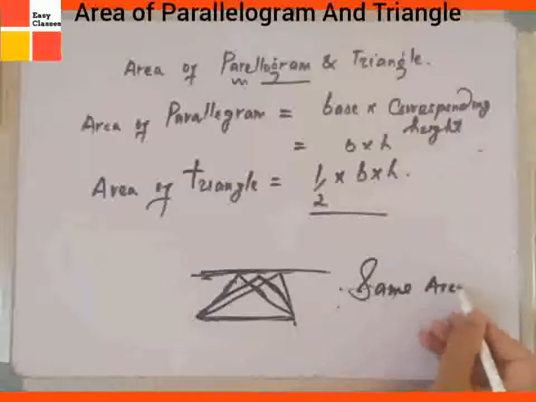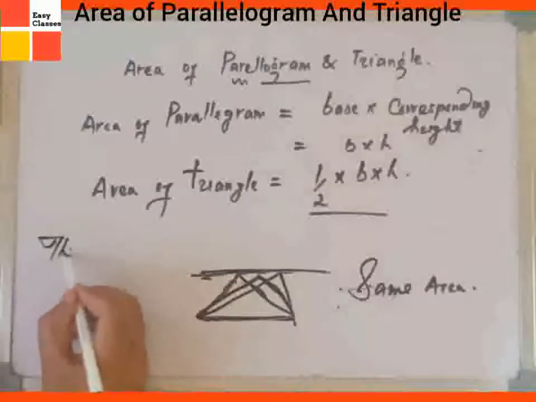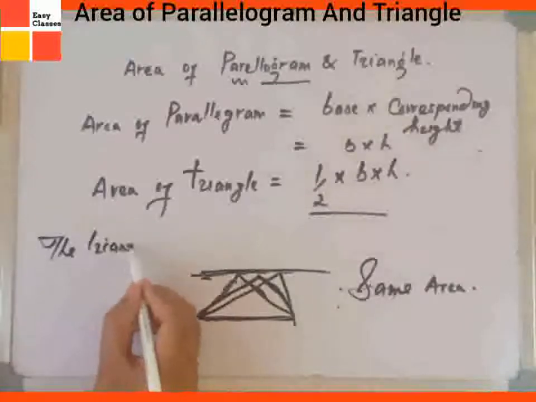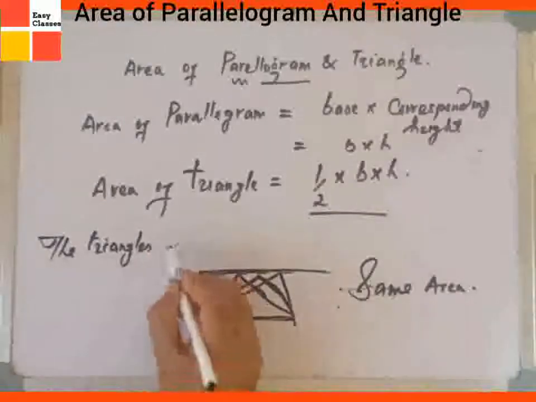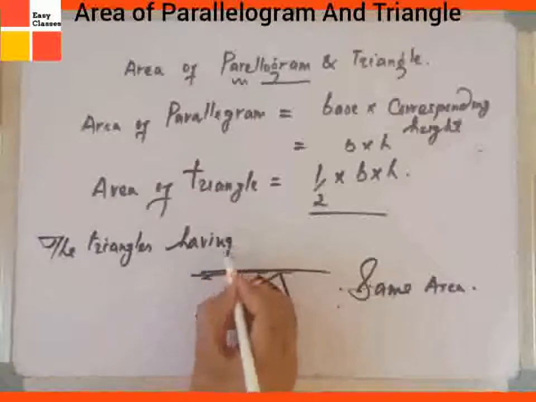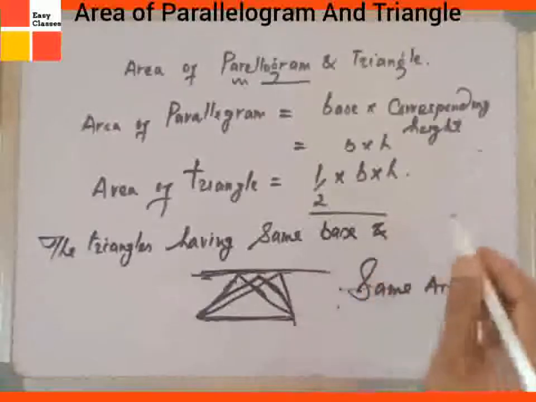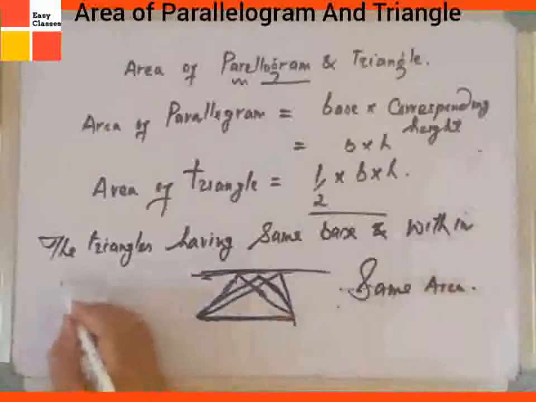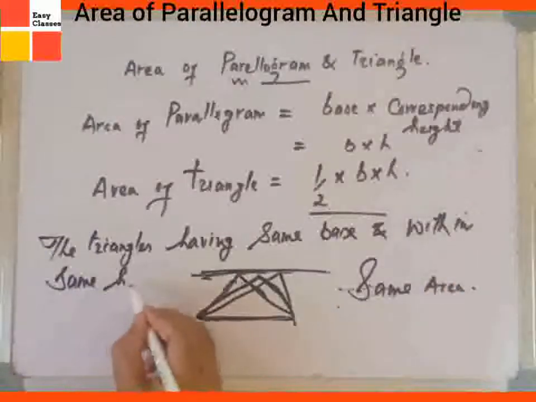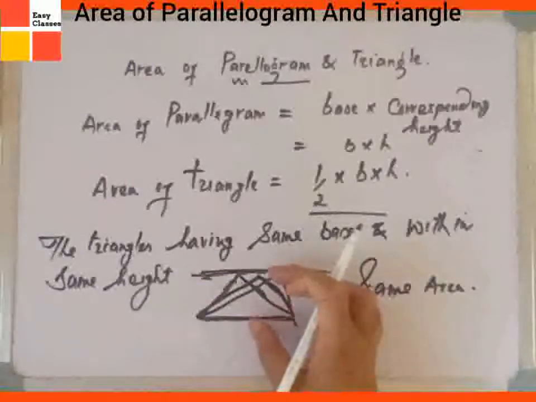So we can conclude one important thing: the number of triangles can be 1, 2, 3, 4, 5, the triangles having the same base and within the same heights, or we can say within the same two parallels.